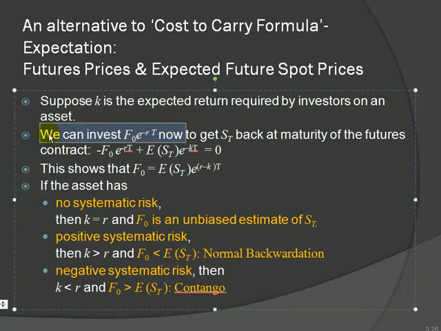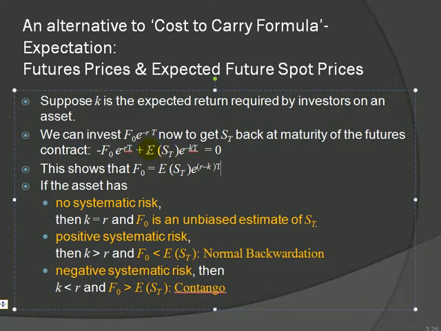Then with this investment, you're going to get ST. You're going to get underlying asset, but on maturity date, that's going to be priced as ST. Okay? If that's the case, since we do not know how much underlying asset will be priced at time T on maturity date, you only have to expect it now.